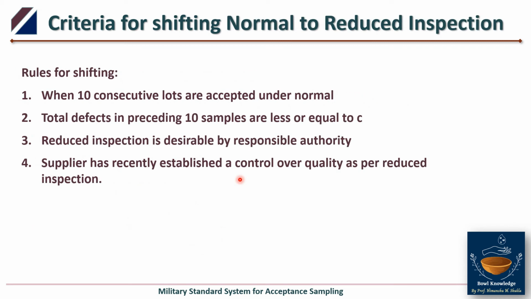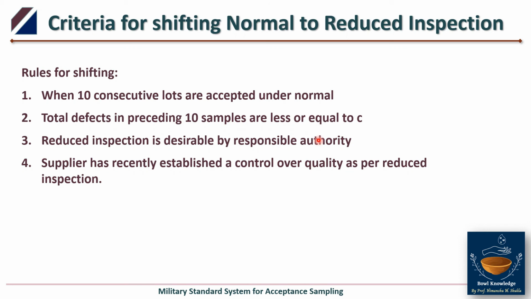Similarly, the criteria for shifting from normal to reduced. When 10 consecutive lots are accepted under normal, you can shift to reduced. When the total defects in the preceding 10 samples are less than or equal to C, this is one more rule where you can shift to reduced.